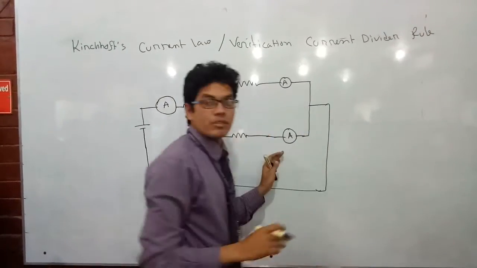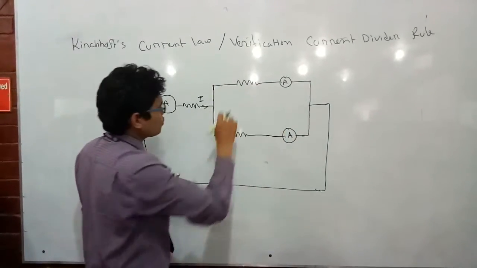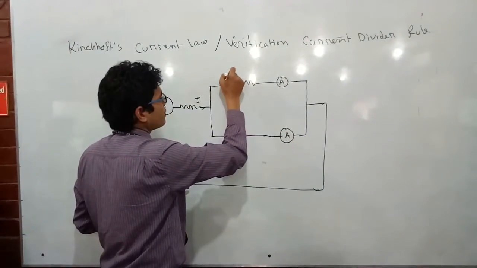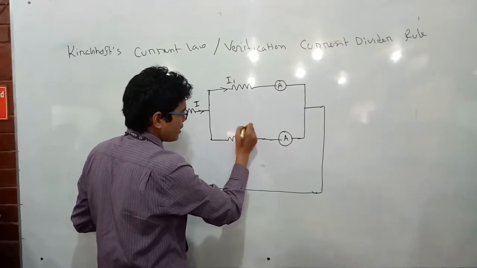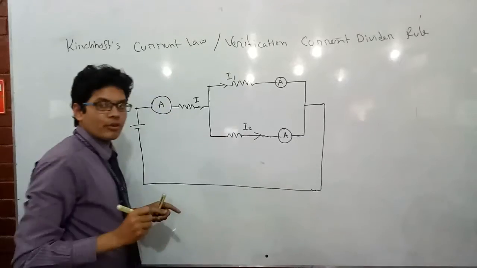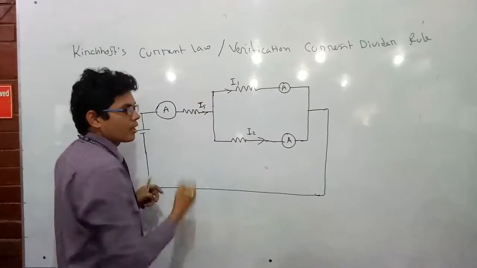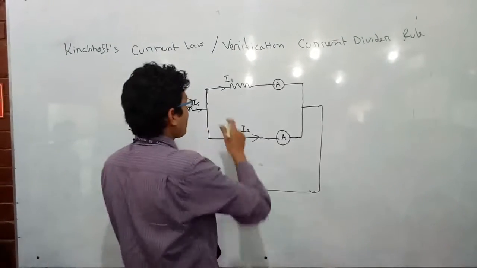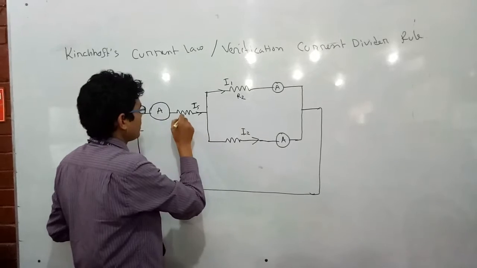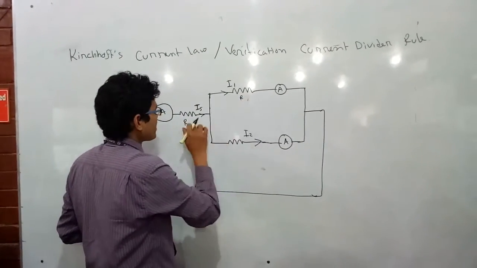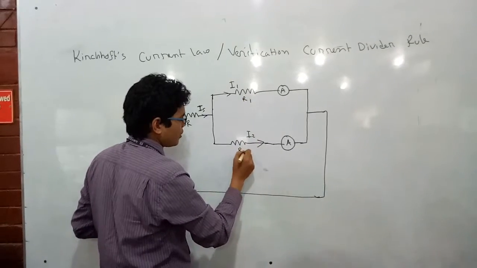So current divider rule says that the branch current, okay, we have two branches here. One branch current is I1, that is flowing this way, and another branch current is I2, that is flowing this way. I is the total supply current for now. So that's R1 and R2.